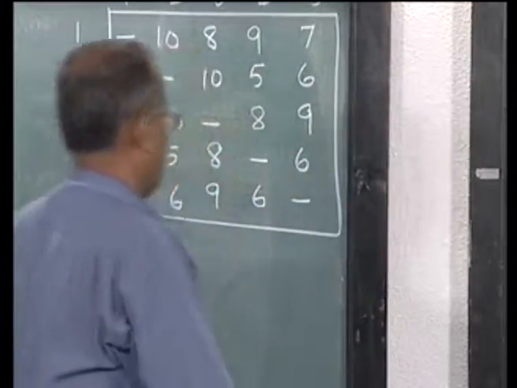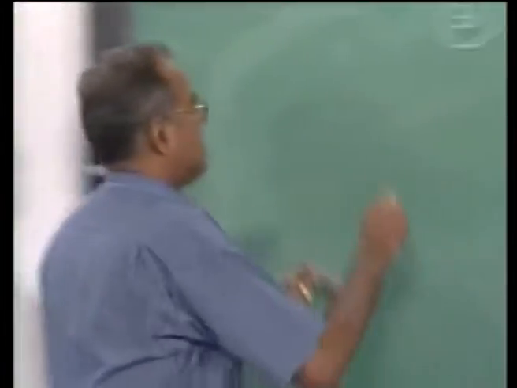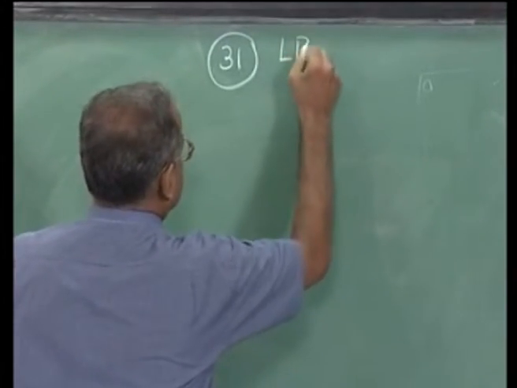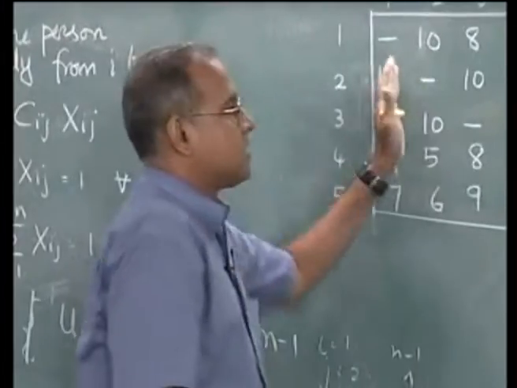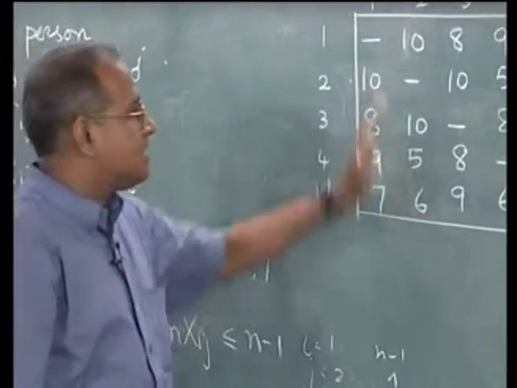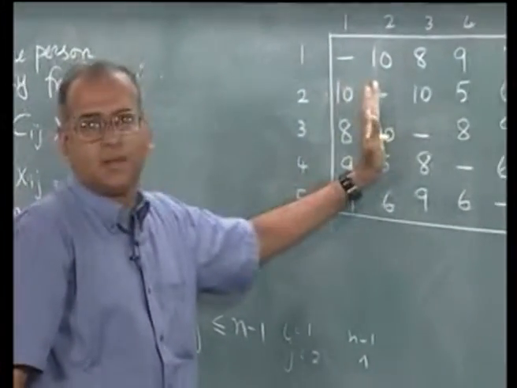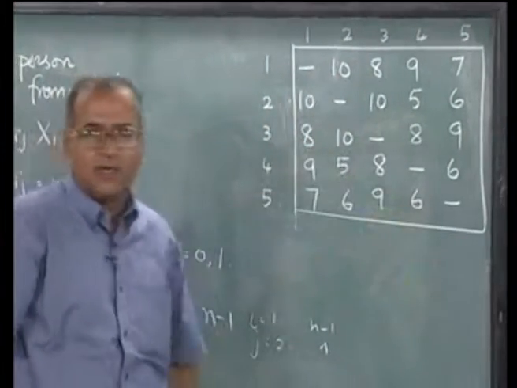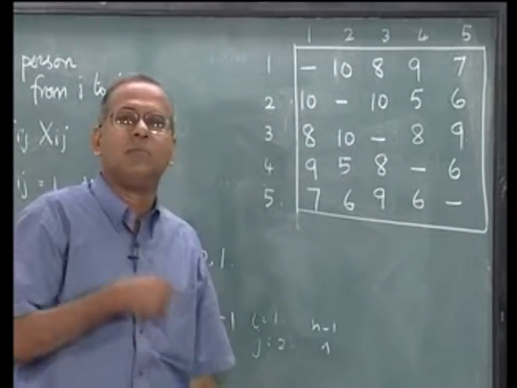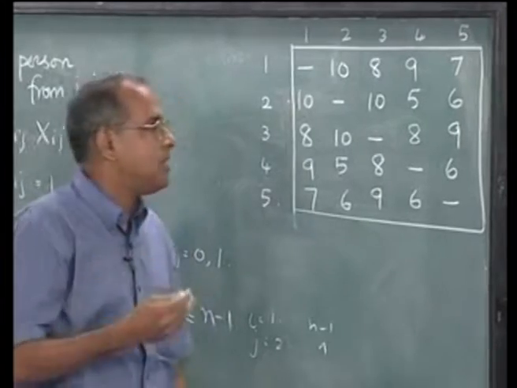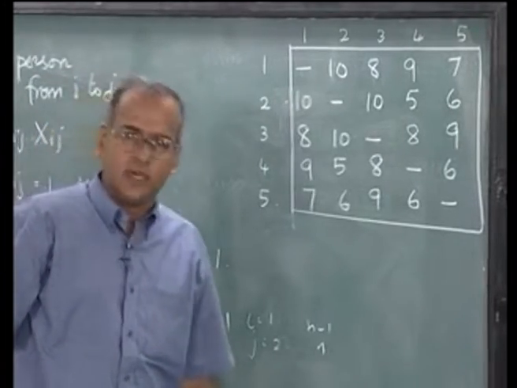Now, this 31 is a lower bound to the actual distance that the person has to travel. So, row minimum gives us a good lower bound, and we say that this person has to travel at least 31, and the optimum solution will have to be greater than or equal to the lower bound of 31.